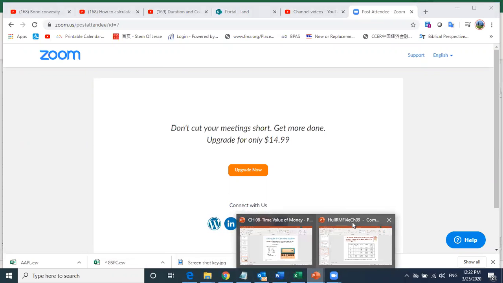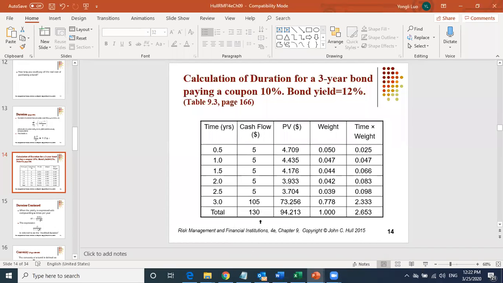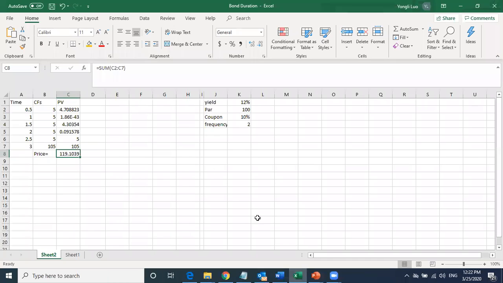Okay, so I will go and show you the textbook. Okay, this here. Oh, I think I need to fix something. Okay, we need to put $. So this is B2, $5, A2. Yeah, A2 is A2. Okay, this one we need to fix.